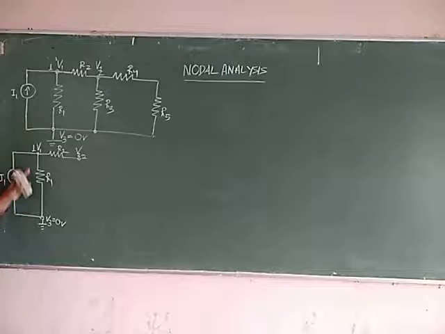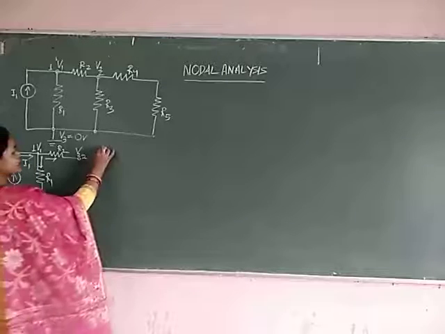Now I write KCL equation for node 1 by assuming it as a source node. How the current flows? R1 downward, R2 this direction, and here already the current is given I1.